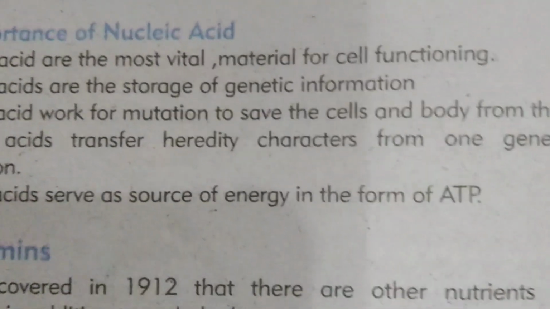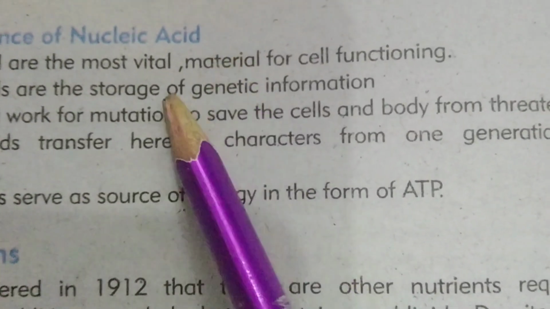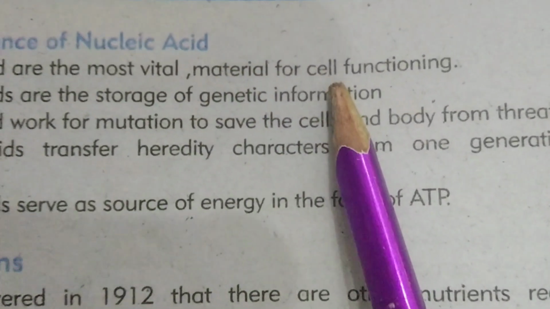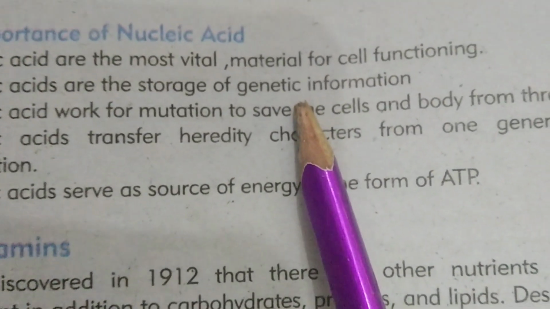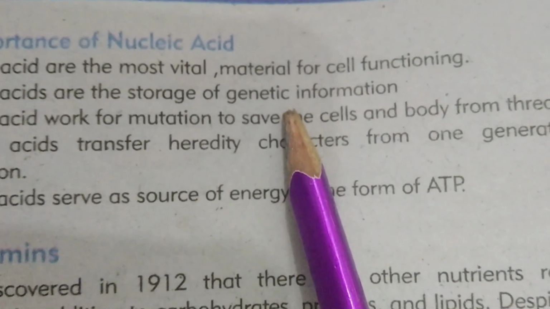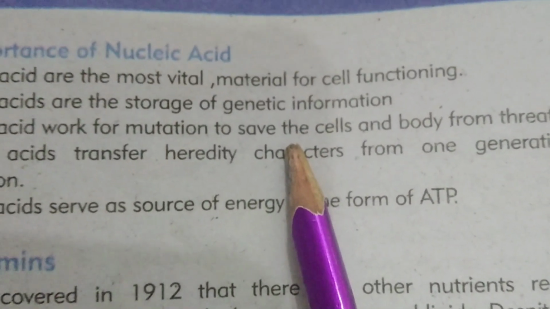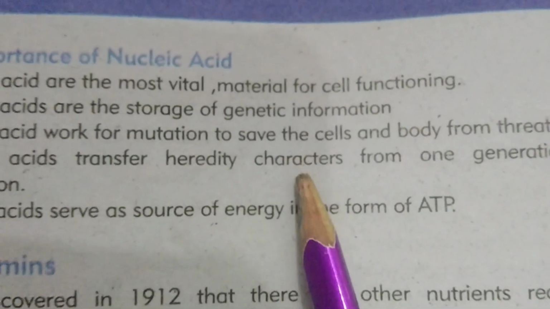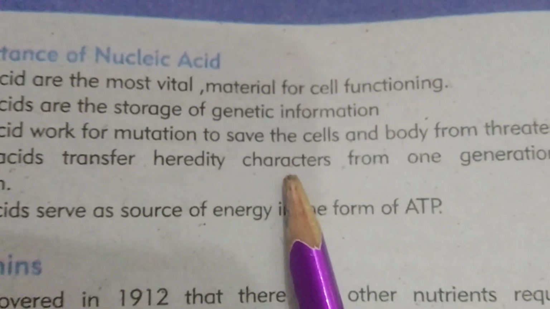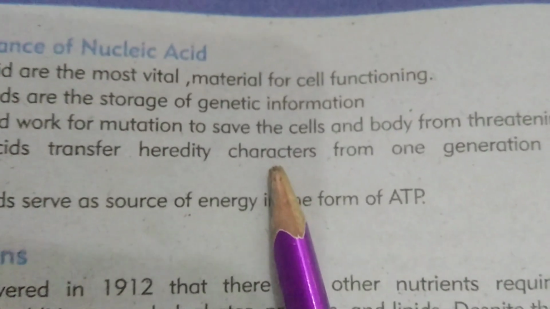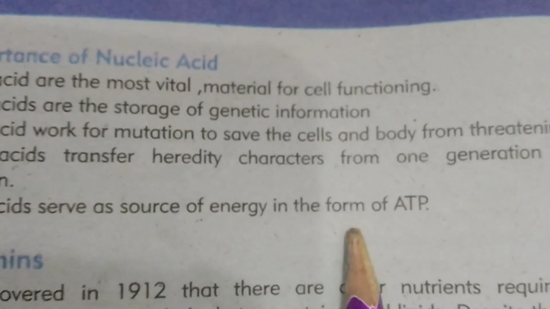DNA and RNA are so important, the most vital material for all cell functioning. Storage of genetic information is concerned with nucleic acid, and it protects cells from mutation. Also, the transfer of hereditary characters from one generation to another is concerned with nucleic acid, and it is also a source of energy in the form of ATP.